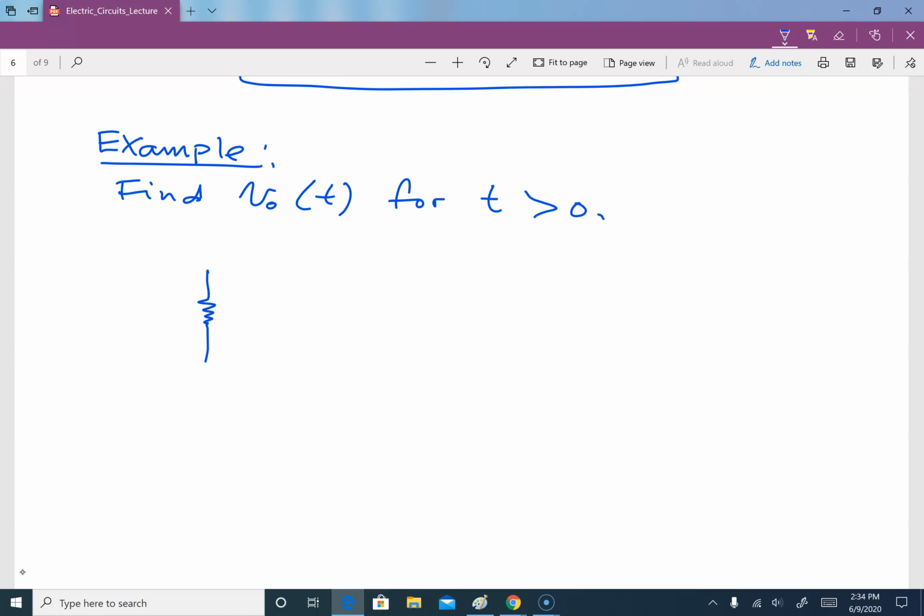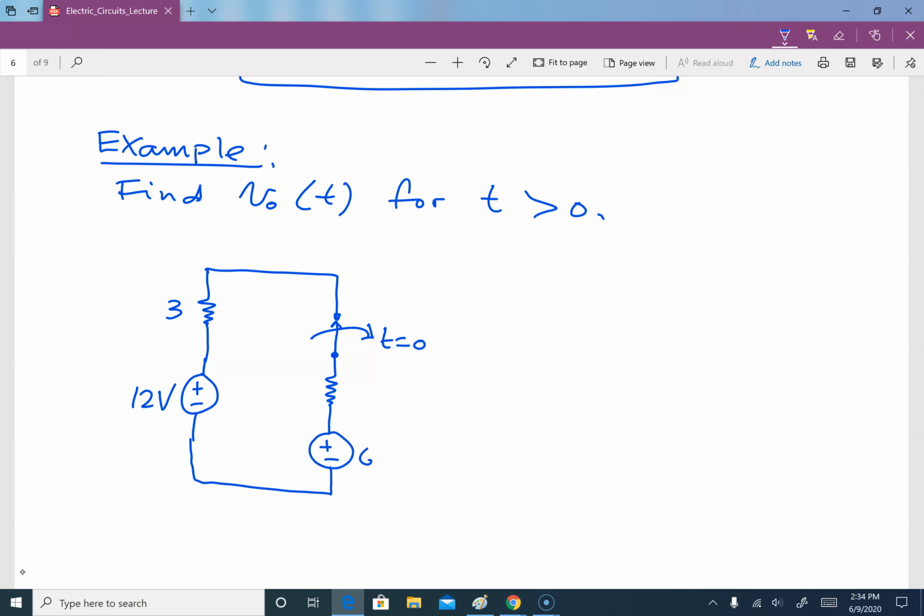I have a 3 ohm, 12 volts. We have over here 6 volts. This is 2 ohm, and the switch was closed and open at t is equal to 0.